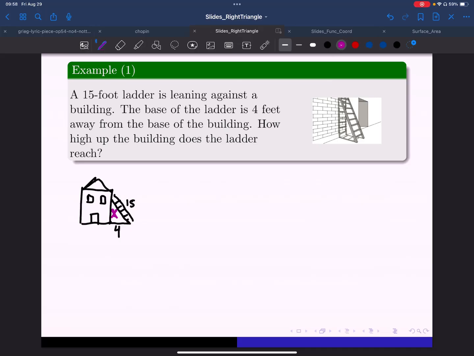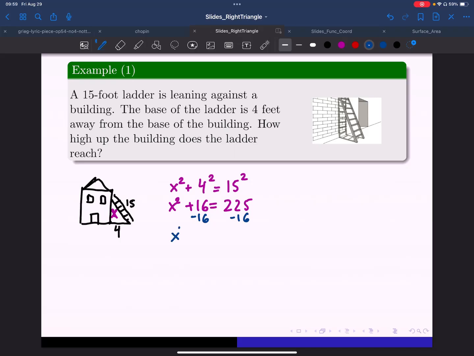So we're going to have x squared plus 4 squared is equal to 15 squared. If we calculate all of that, we have x squared plus 16 is equal to 225. Then what we need to do is subtract 16.